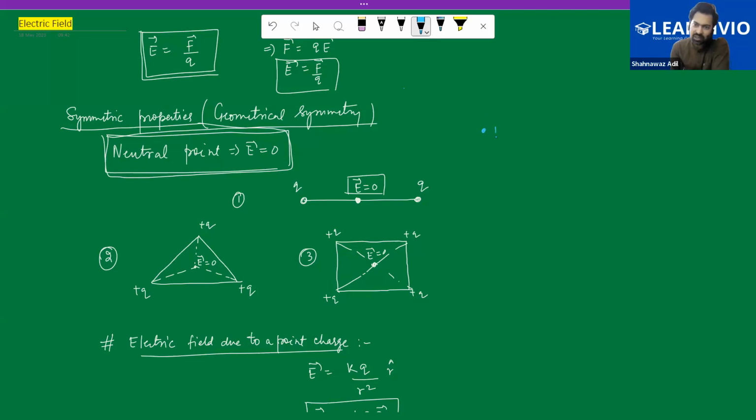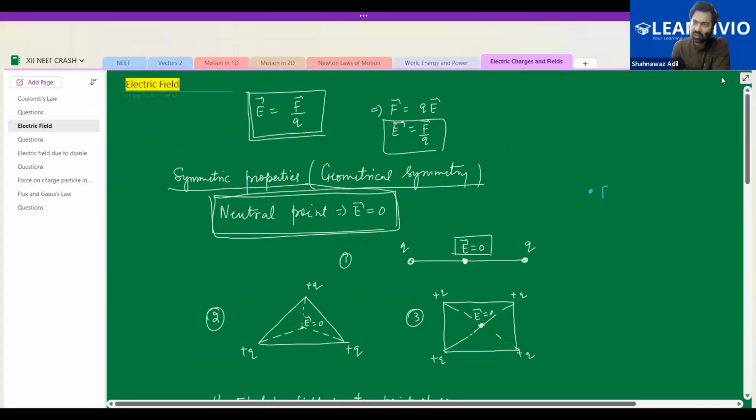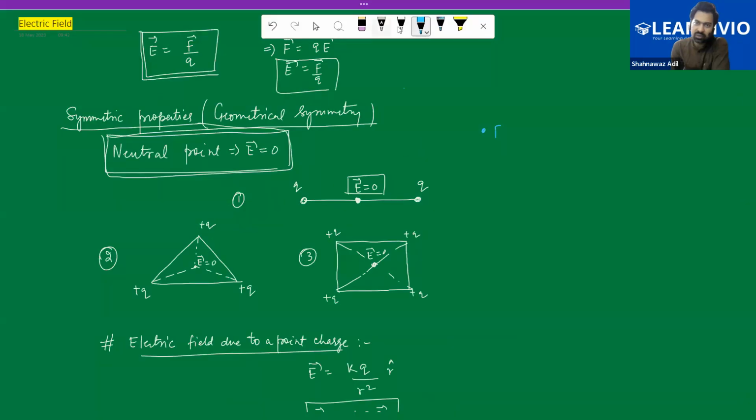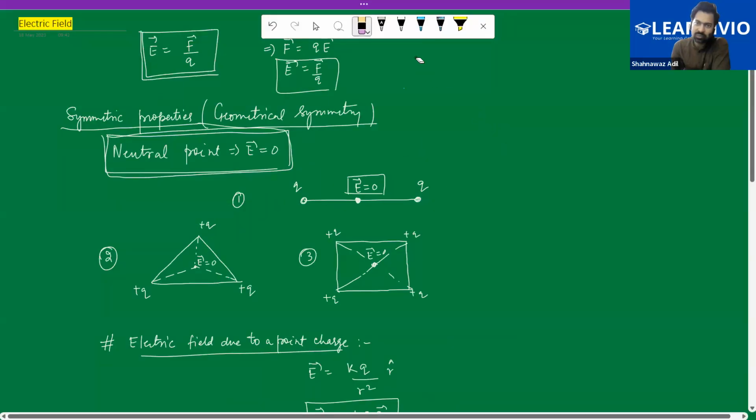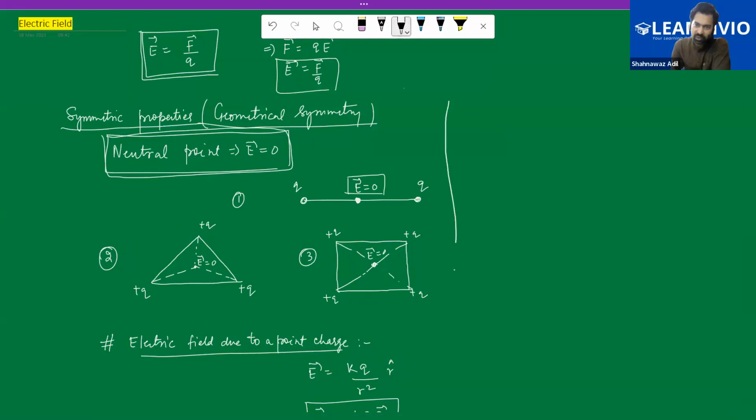For a point charge, the electric field magnitude is simply kq by r square, right?